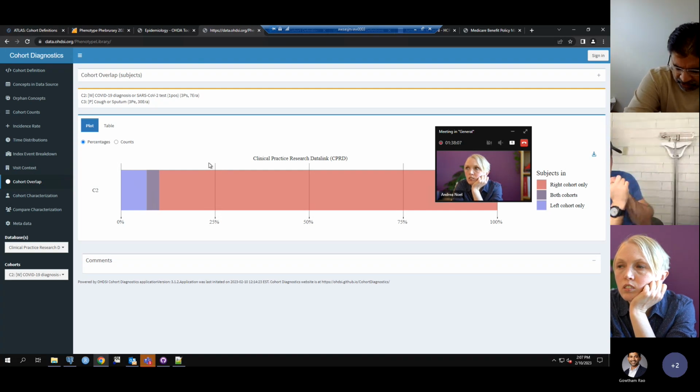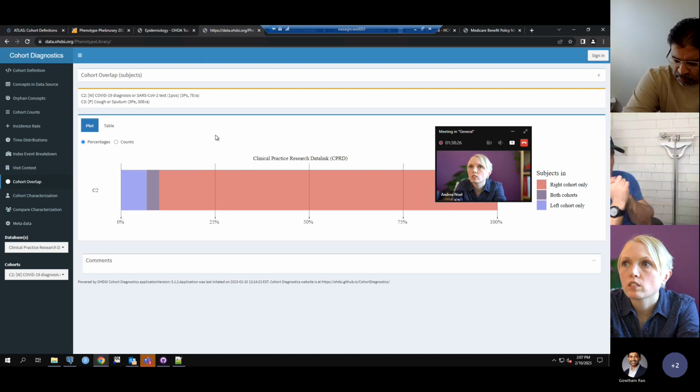For event-level overlap, we'll have to write a custom query, or I can use the OHDSI feature extraction tool. The feature extraction tool will compare, for every event in a target cohort, the proportion of events from the comparator cohort in a certain time window.